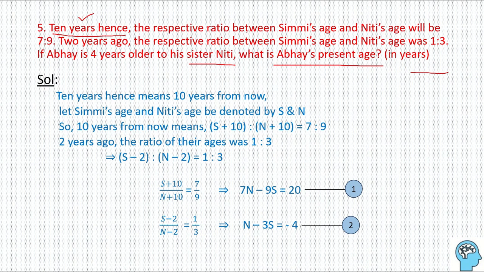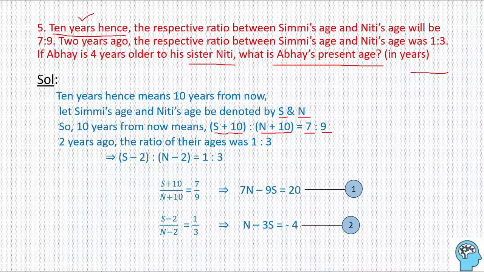Now the respective ratio of Simi's age and Niti's age: let Simi's age be S and Niti's age be N. 10 years from now means S plus 10 to N plus 10, and the ratio is given as 7:9.